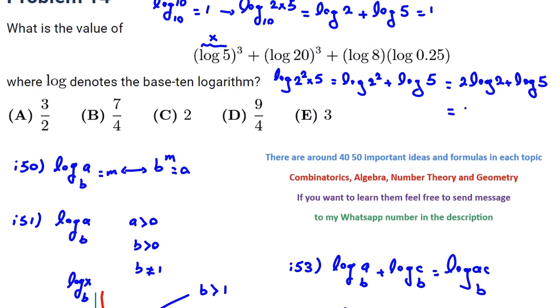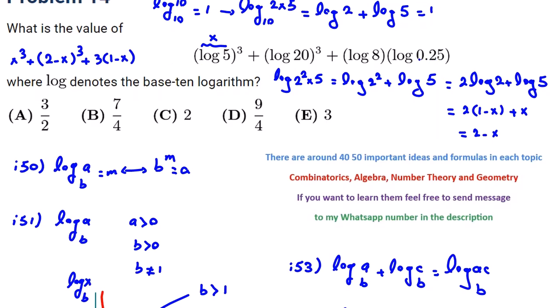So 2 log 2 is what? Is 2 times 1 minus x. Log 5 is x, so it will be 2 minus 2x plus x. So the first one is x cubed, the next one is 2 minus x cubed, plus log 8 is what? 2 cubed, 3 log 2, which is 3 times 1 minus x. Okay.